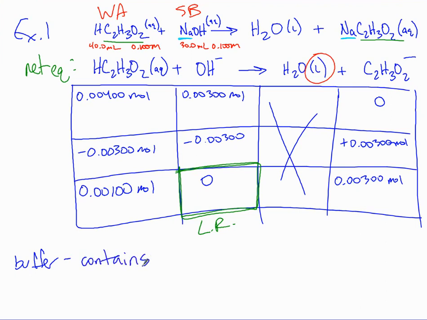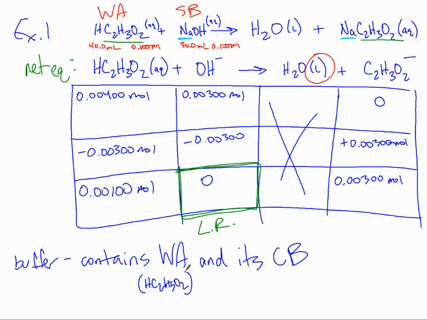It is a solution that contains both a weak acid and its conjugate base. And if you look at this solution, we have some weak acid left. That's our acetic acid.